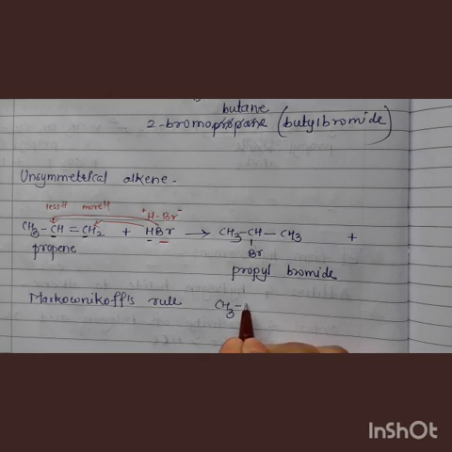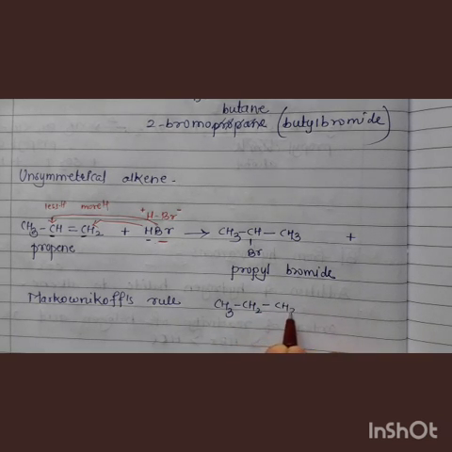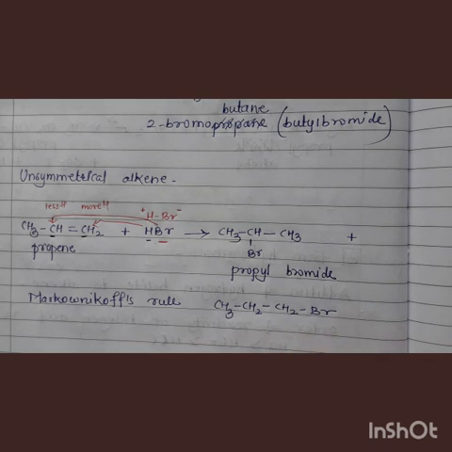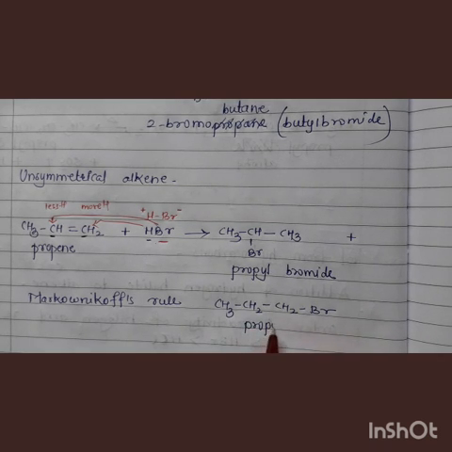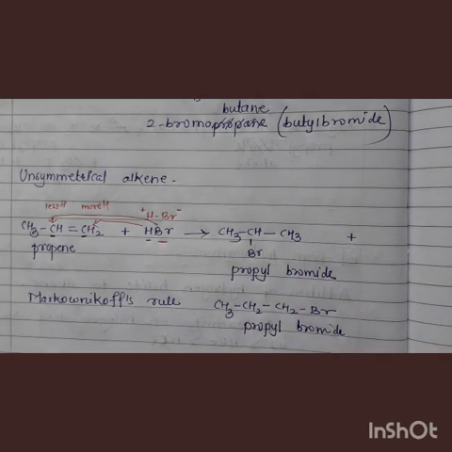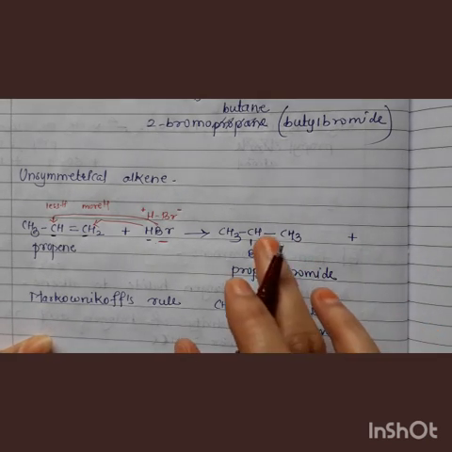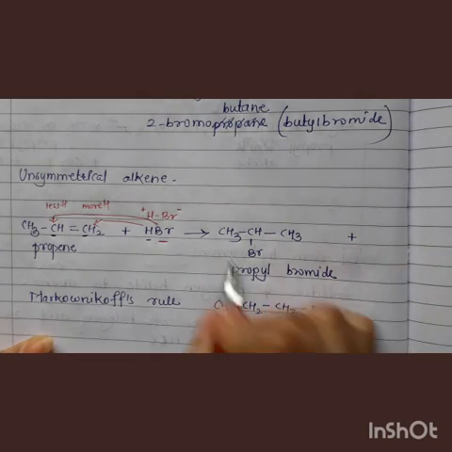So CH will become CH2, double bond will become single bond, CH2, and here bromine will get added. So this is also propyl bromide. But when products form, the Markovnikov product forms in major quantity, more quantity, that's why it is called the major product, understand.